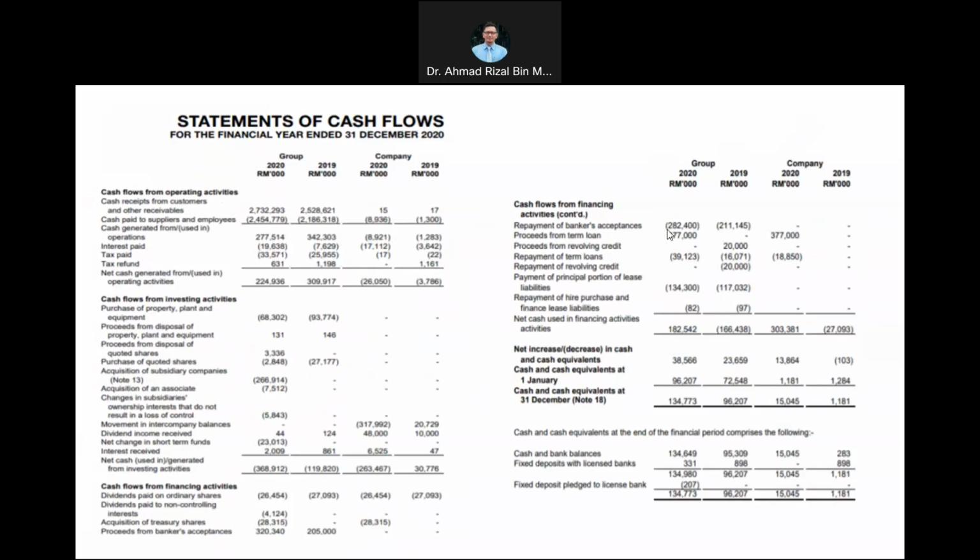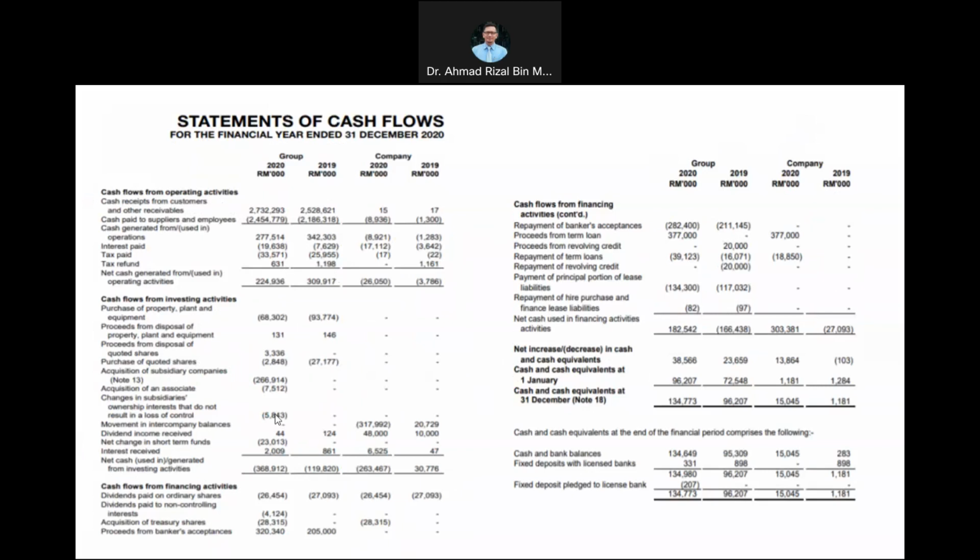Again, you look at the inflow and outflow and you record them. So you have these three subtotals here: cash from operating activities, cash from or used in investing activities, and cash from financing activities.